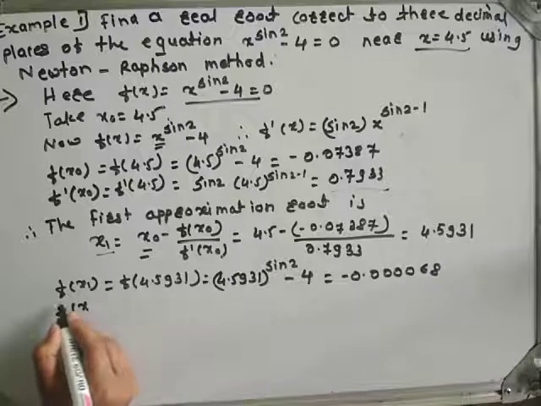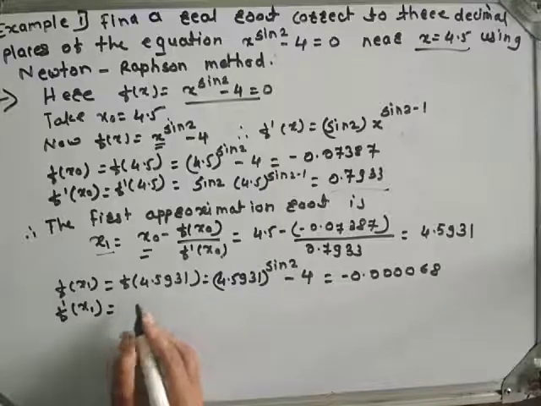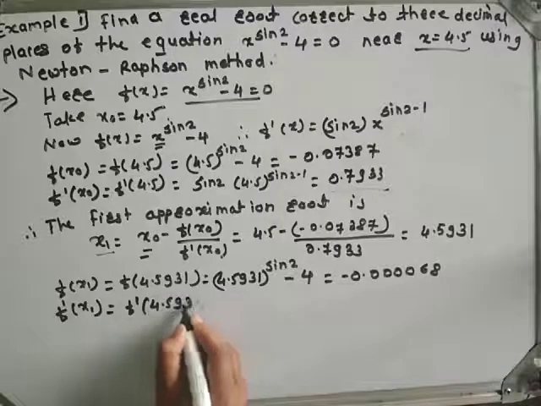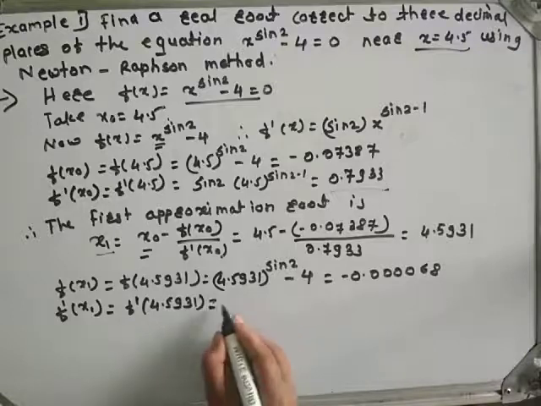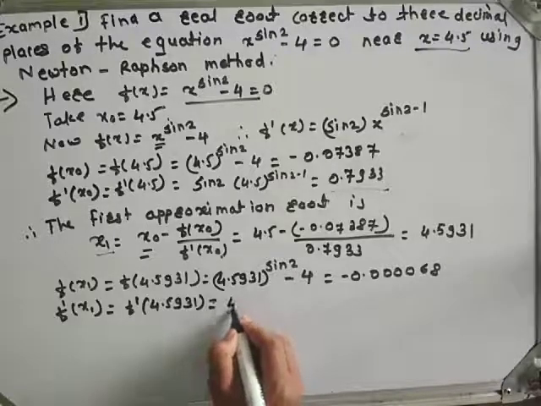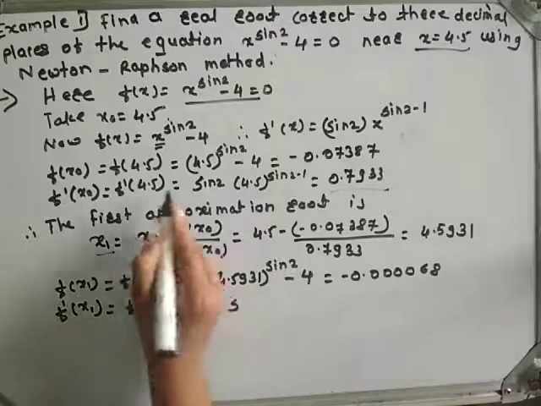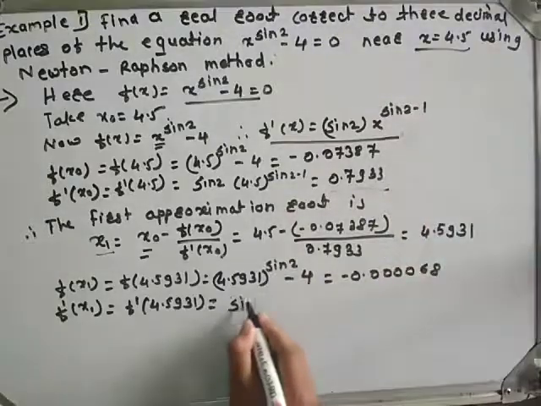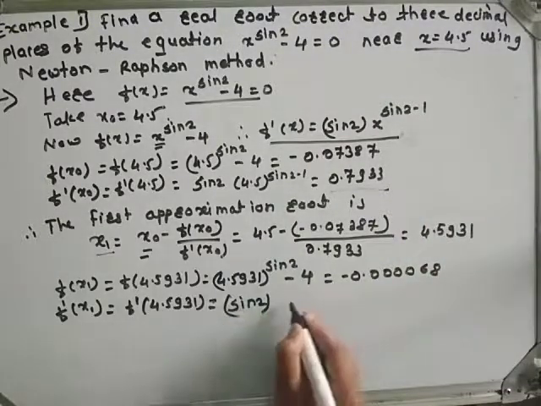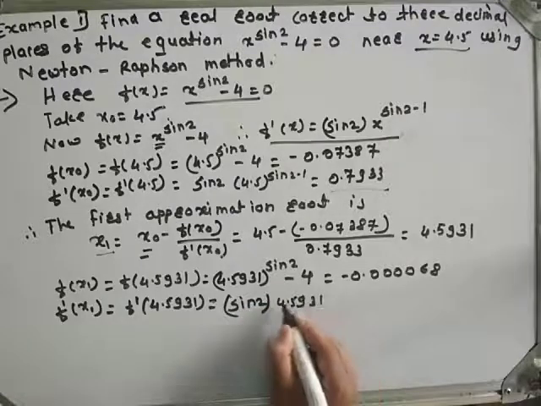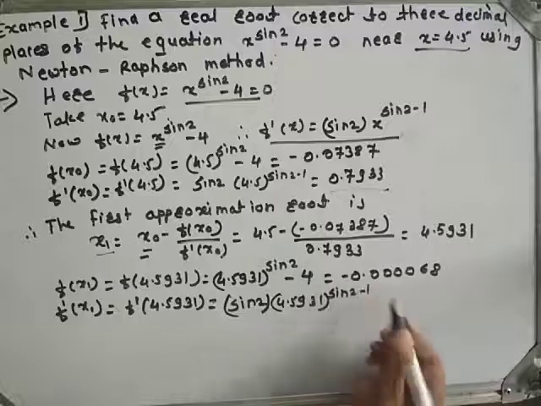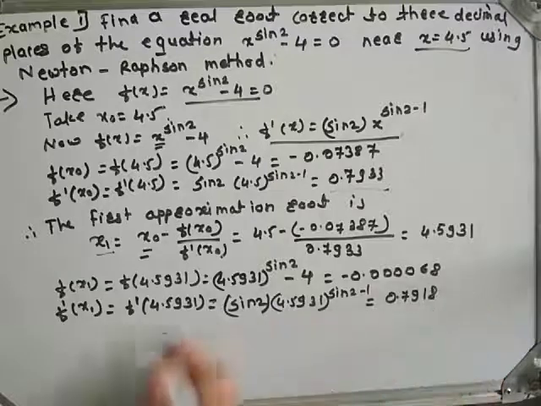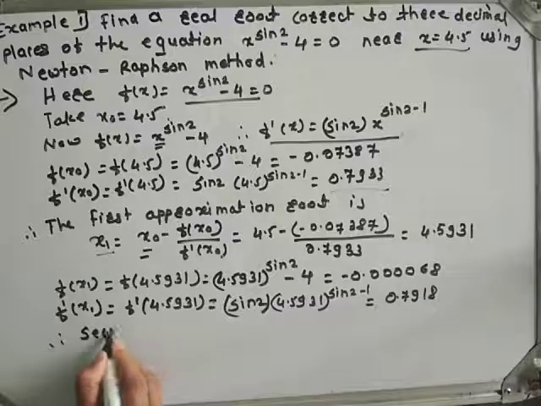Next, we have to calculate f'(x1), which is f'(4.5931). The derivative of f is sin2 · x^(sin2 - 1), so sin2 · 4.5931^(sin2 - 1) is equal to 0.7918.